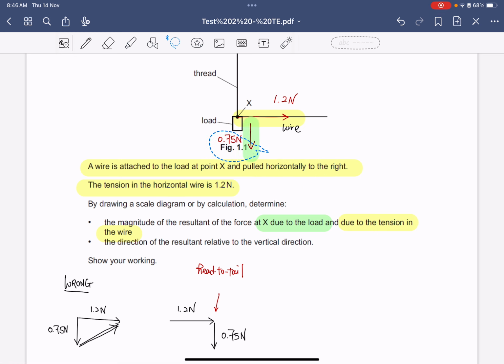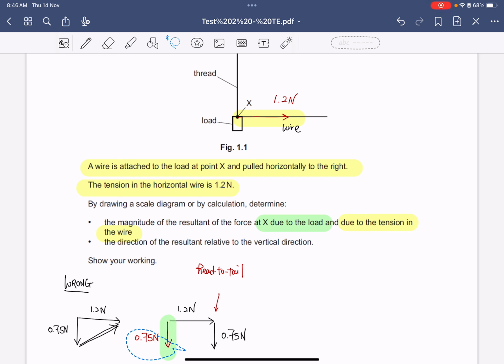At the bottom you see we have to move this 0.75 Newton to here such that we can have head to tail, such that we have the correct metaphor. That is the correct way of doing it.